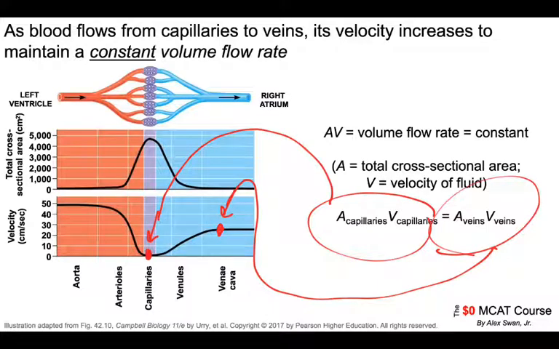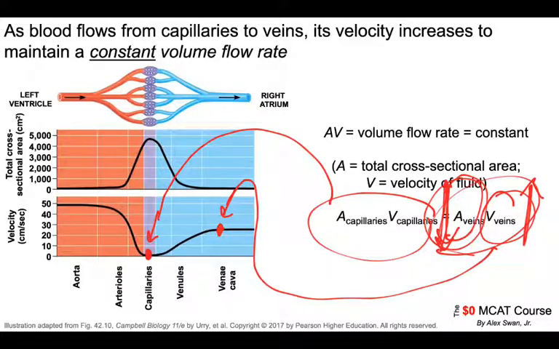So since we have a decrease in the total cross-sectional area here, right, as we go from the capillaries to the veins, by the way, this A variable stands for total cross-sectional area, right? So as that variable decreases, as the value of this A in the veins decreases, what's going to need to come up to compensate for that decrease is the speed of blood in the veins has to increase, right?